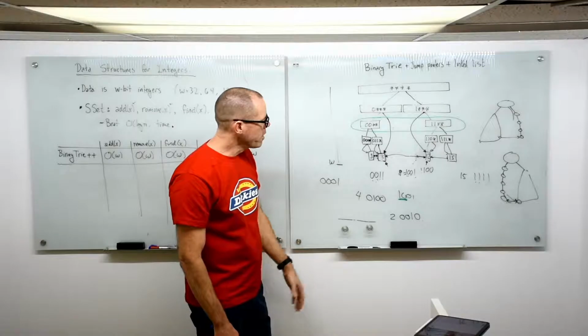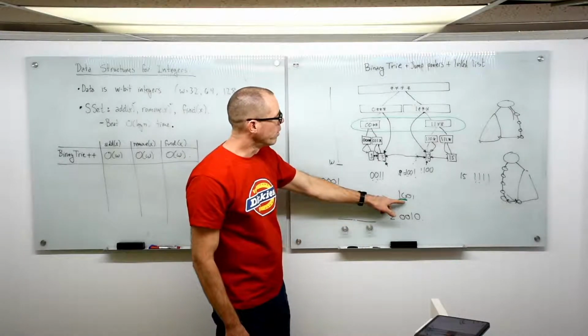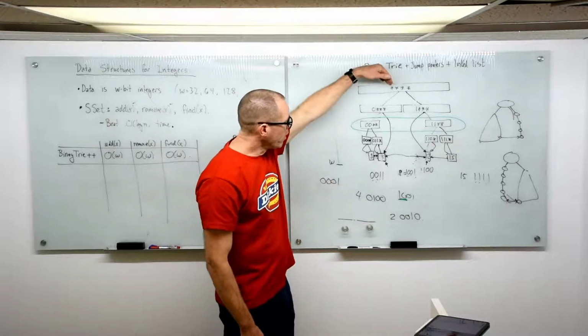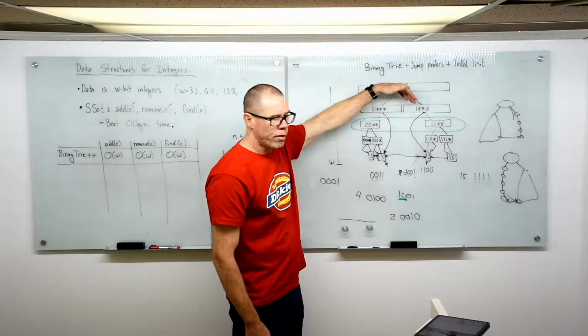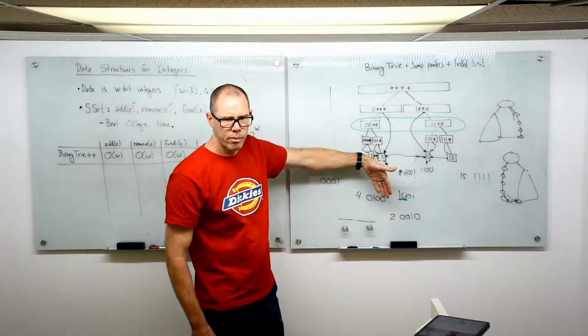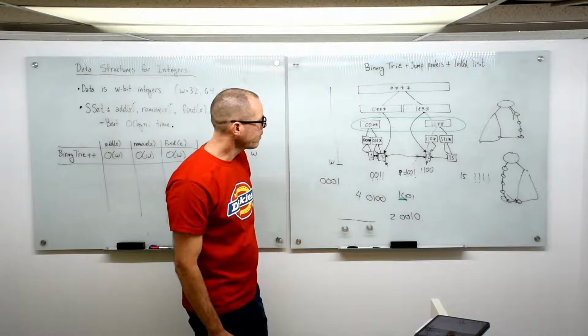So that means there's nothing in our set that starts with 1, 0. And so if we try and follow the path for that, we're going to fall out of the tree before we get there. Okay. All right.